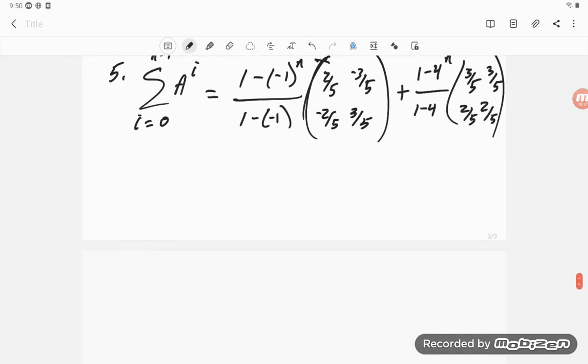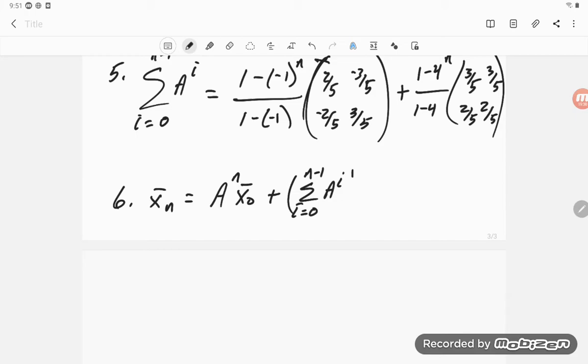And so now I am ready to simply substitute stuff in again, because x sub n was A to the n x0 plus my sum there, i equals 0 to n minus 1 of A to the i, and then times b.